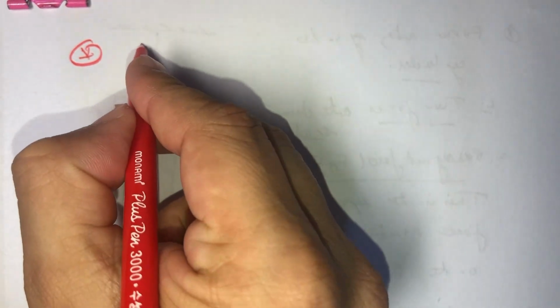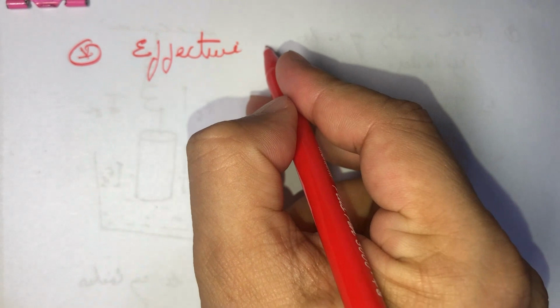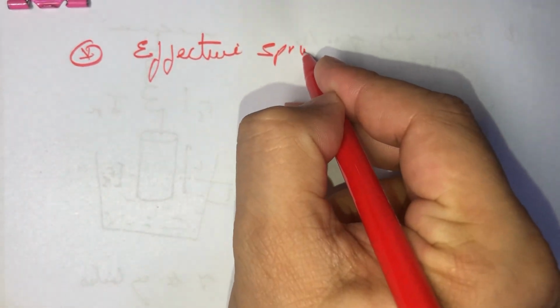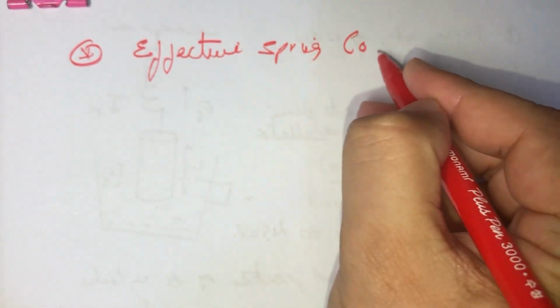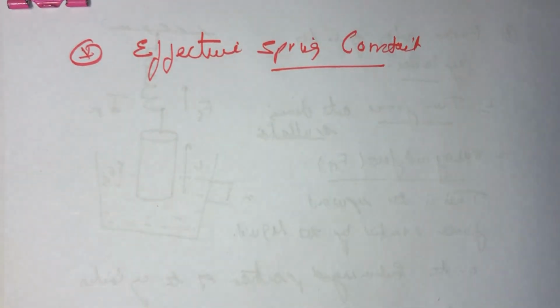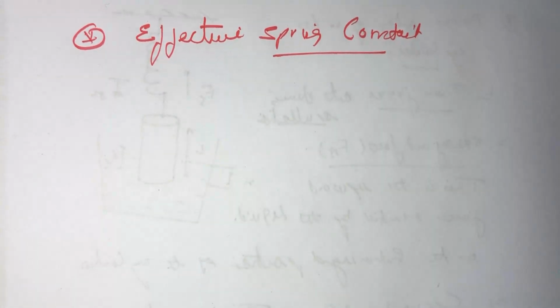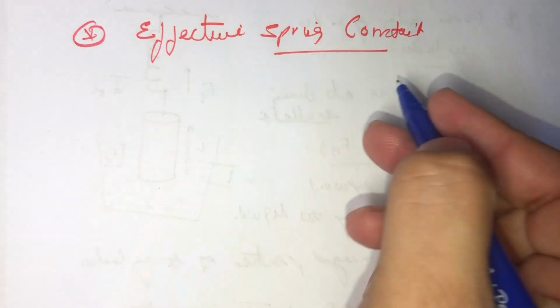So, effective spring constant. We have a block of length L and shear modulus nu.